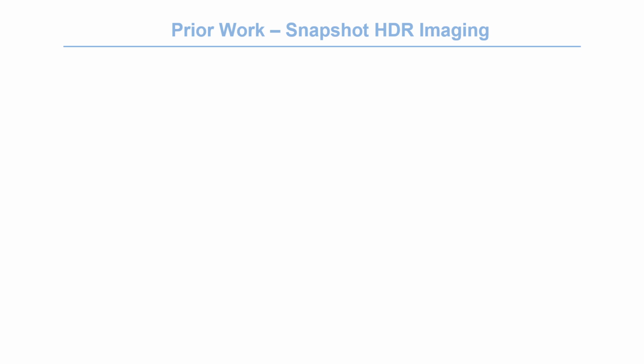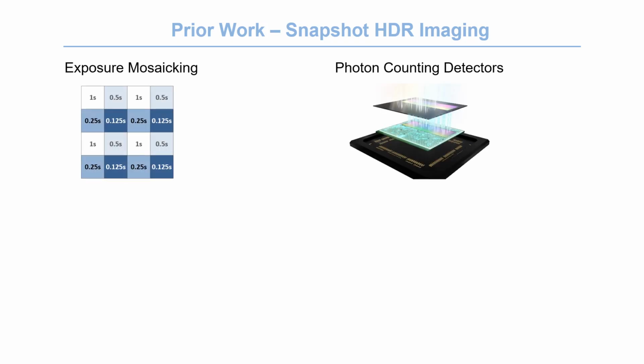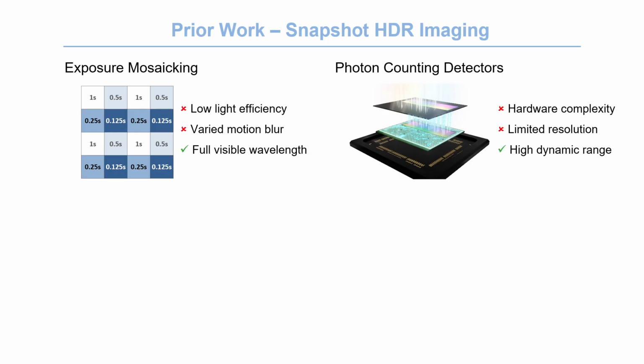Past efforts on snapshot HDR imaging have mostly focused on sensor-level innovations. Approaches such as pixel-wise exposure modulation and the development of specialized photosensors have enabled direct encoding of brightness variations. But they suffer from varied motion blur or great hardware complexity.